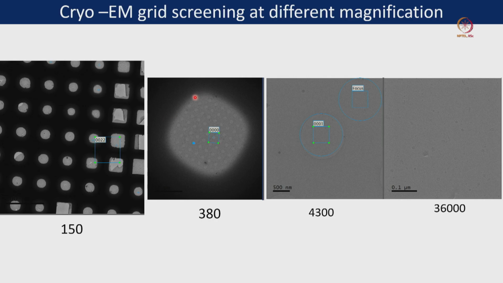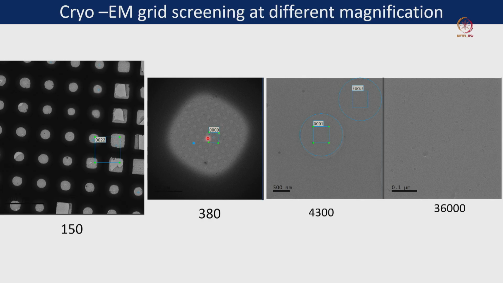In this enlarged view you can see the square boundary and the individual holes we are talking about, where our samples are. Here you can see one blue dot, that is, we are targeting one of these holes for the imaging.